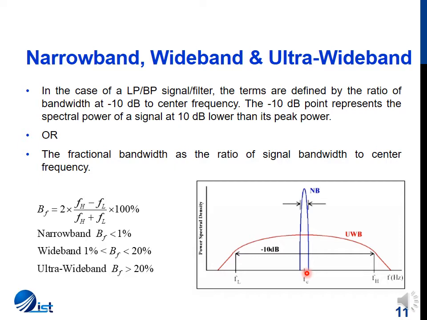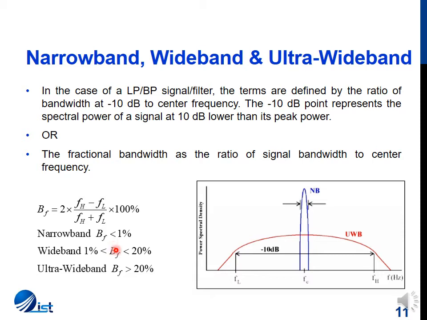In this context, the fractional bandwidth is defined as the ratio of signal bandwidth to center frequency, which is 2 times (FH minus FL) divided by (FH plus FL), where FH is the higher frequency and FL is the lower frequency. A narrowband filter is one whose fractional bandwidth is less than 1%.